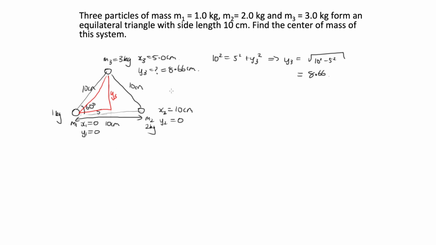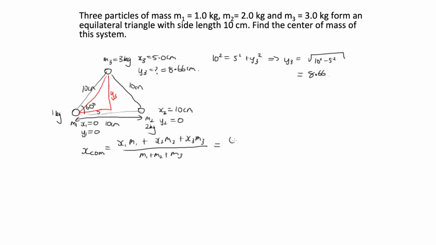Okay, so now we can find the center of mass. The x center of mass is equal to x1 m1 plus x2 m2 plus x3 m3 all over m1 plus m2 plus m3. So this is the total mass here.